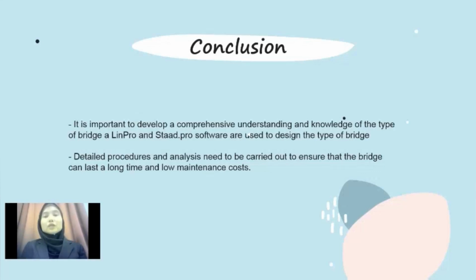This project is designed to find out the type of bridge that is suitable to accommodate the train load that will pass through it. Therefore, detailed procedure and analysis need to be carried out to ensure the bridge can be used for a long time and have a low maintenance cost.